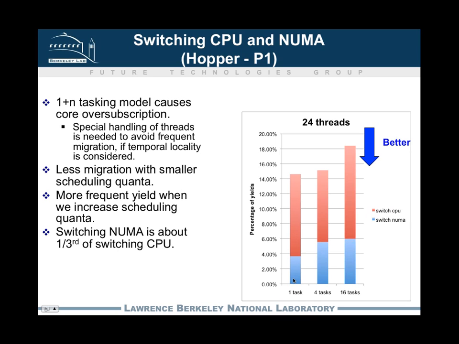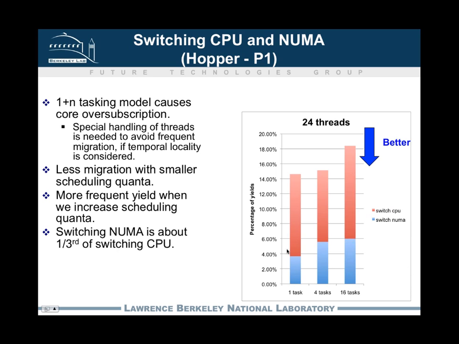And what we found is that if you have a smaller task granularity or smaller quanta, we have less frequent migration between NUMA domains. So if in the future we have a scheme that manages locality explicitly, we typically need to avoid this kind of migration, because we need to make sure that after the core executes a certain task, if it executes a dependent task, it will execute from the same core, or at least from the same NUMA domain.